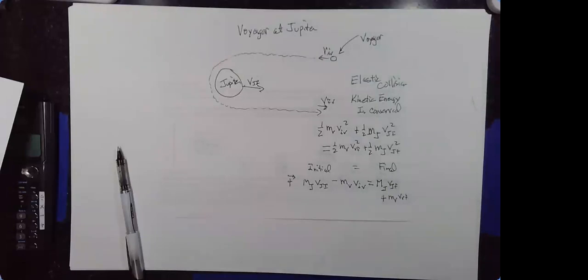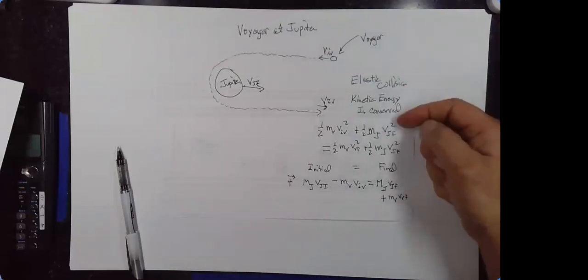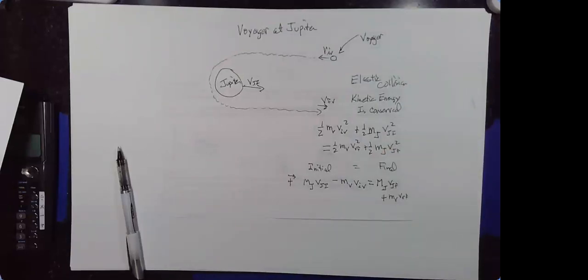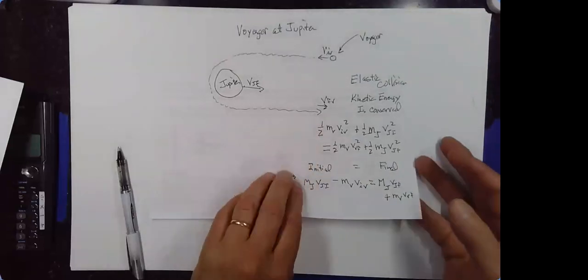But that's a place where conservation of momentum and energy was used, and it was an elastic collision where kinetic energy is conserved. And that's something that happens in those types of collisions.